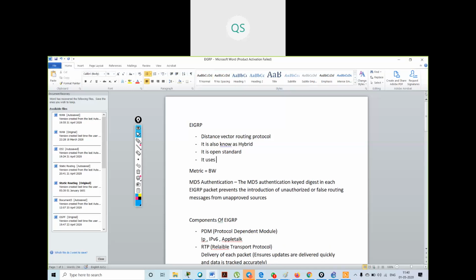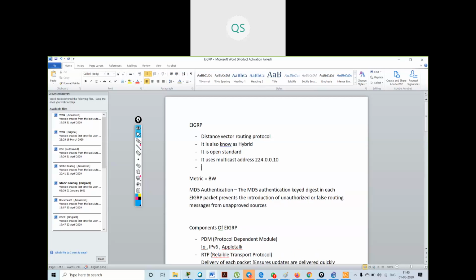It uses multicast address 224.0.0.10 to send the updates.